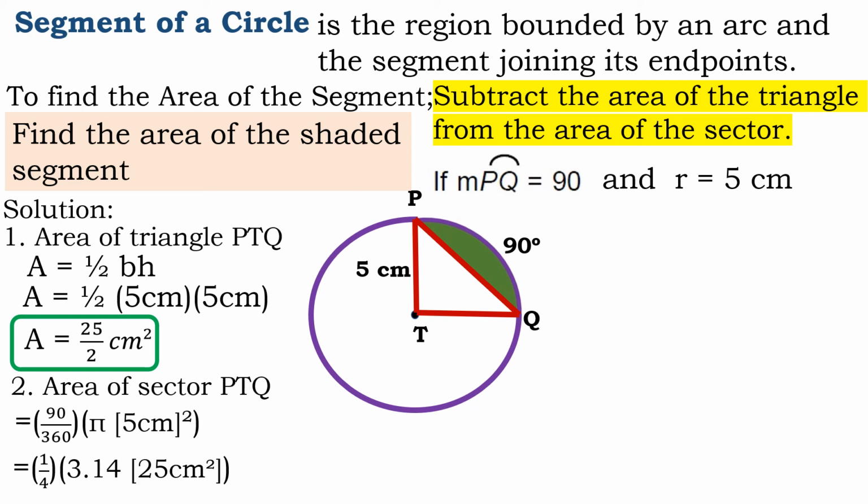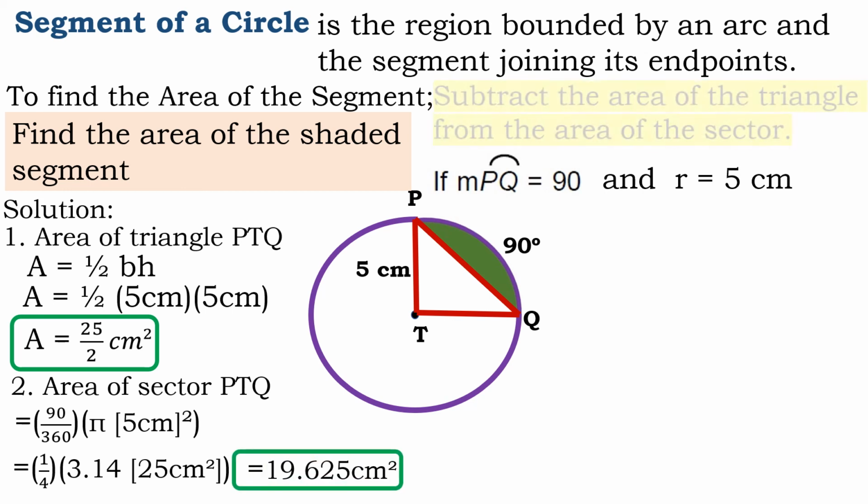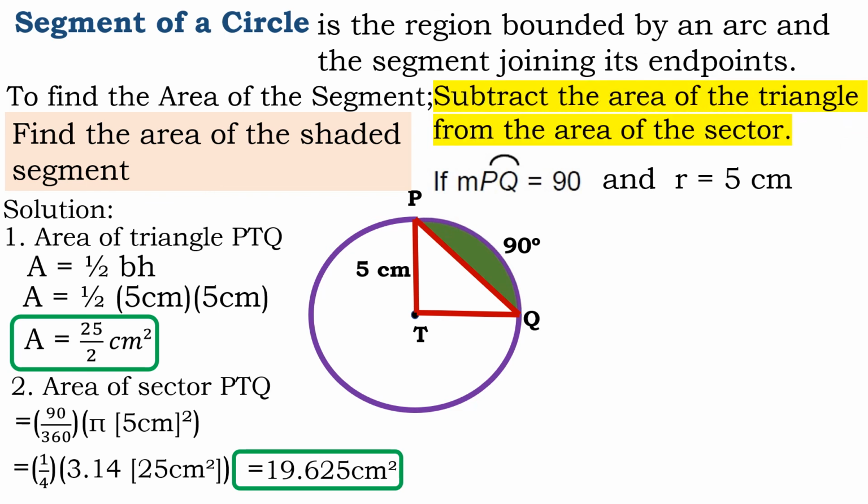Pi is equivalent to 3.1416, so let us use up to 2 decimal places, which is 3.14. Then 5 cm squared is equal to 25 square centimeters. So simplifying, we have 19.625 square centimeters.